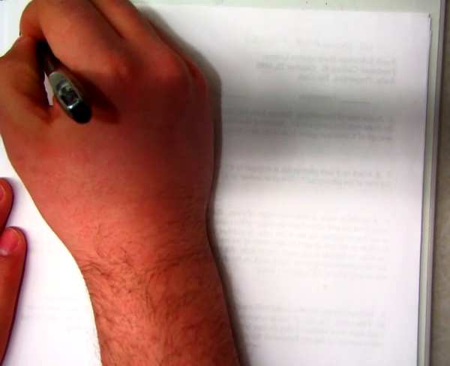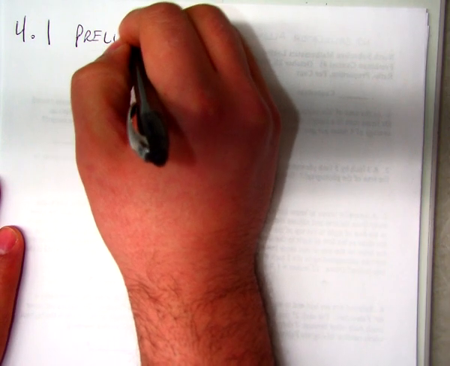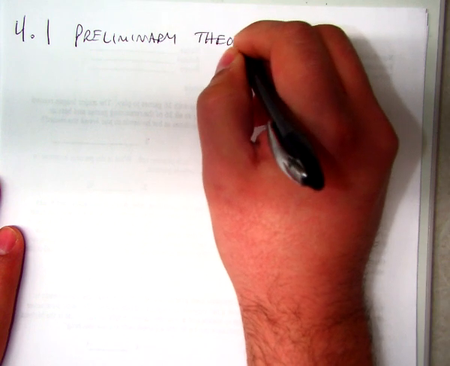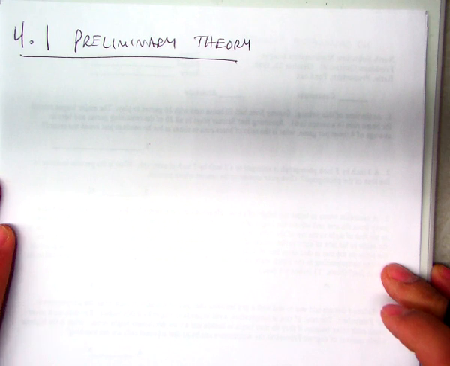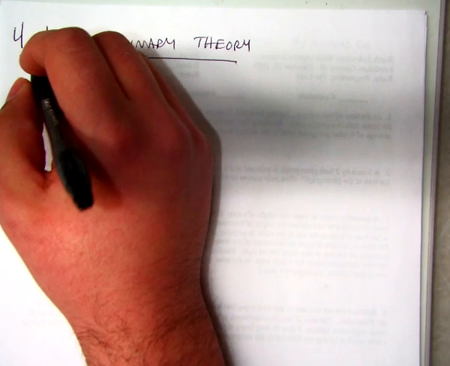4.1 is preliminary theory. Okay, and for a lot of it, we're going to look at, maybe I could divide this into 4.1.1, 4.1.2, 4.1.3.